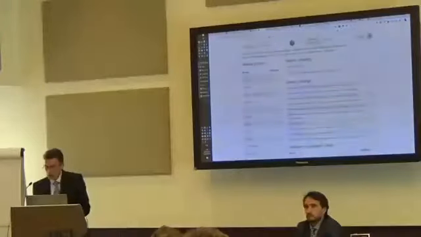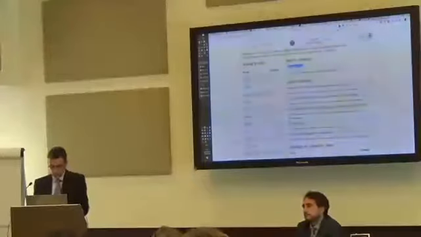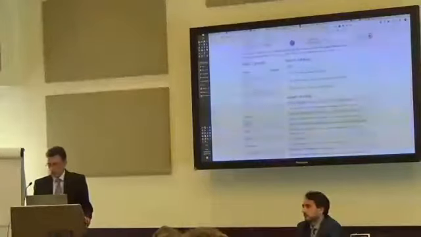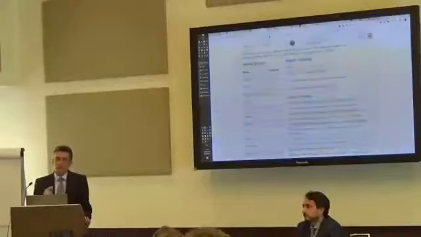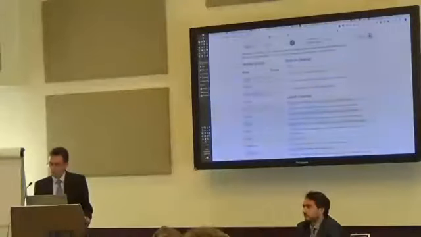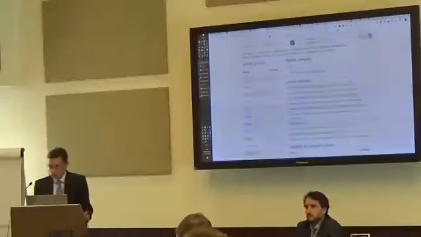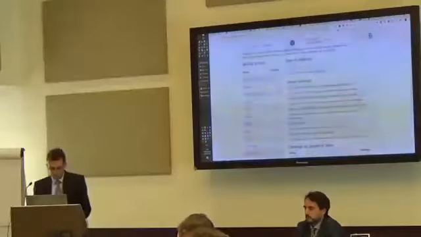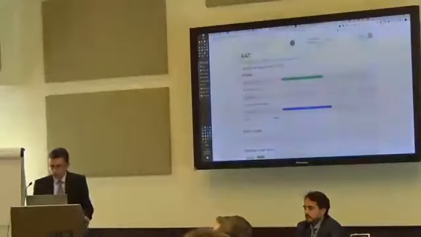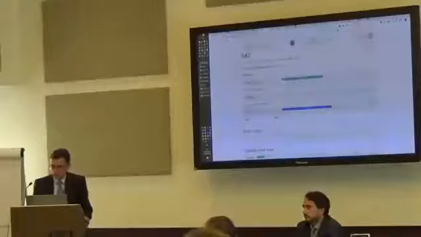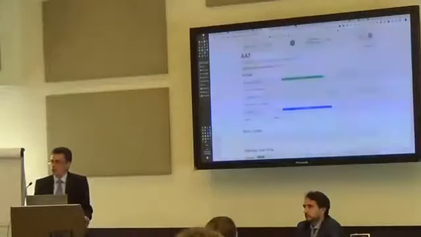We've put in here the Getty thesauri. You see later in the slides, we worked a lot with the Getty. So you have the Getty Museum person IDs, okay? And then you have AAT, and you also have ULAN. It's just that in the description, I guess it didn't say in the catalog that this comes from the Getty. Now, if you take a look at the AAT, for example, it has about 40,000 concepts.